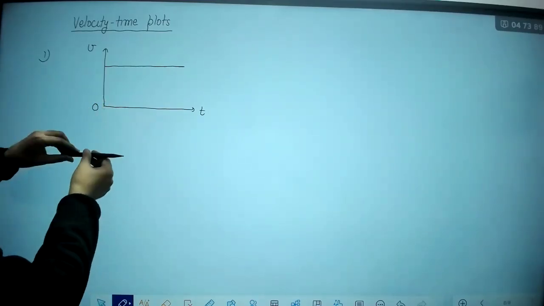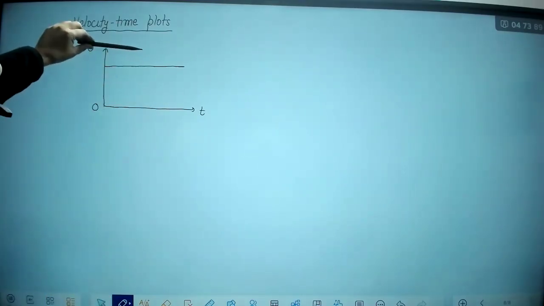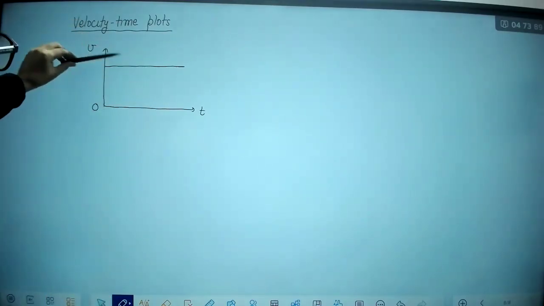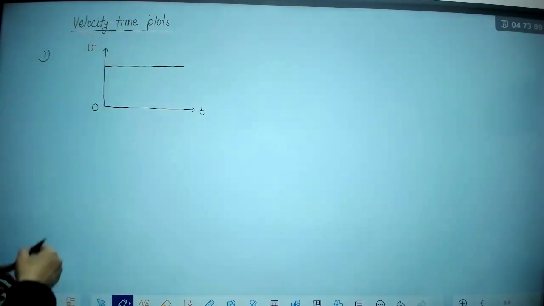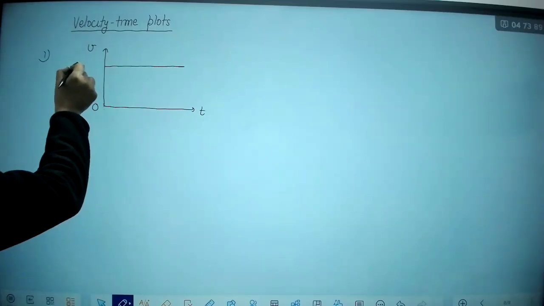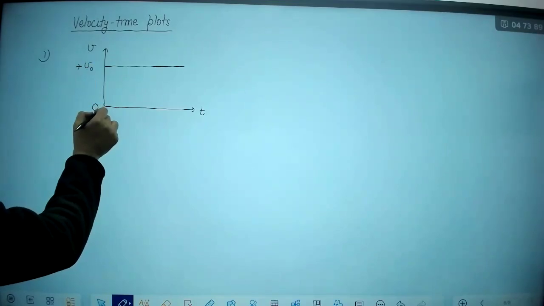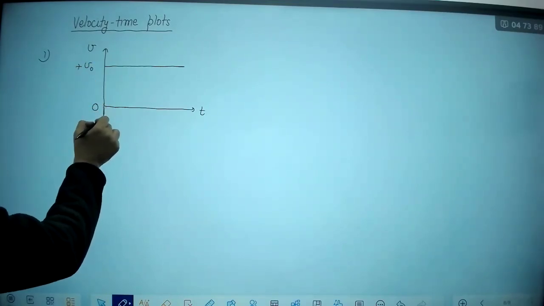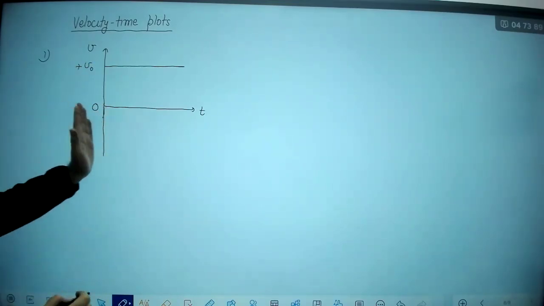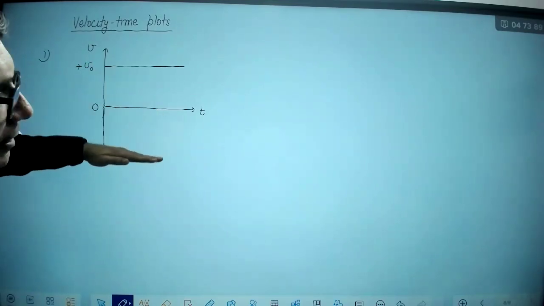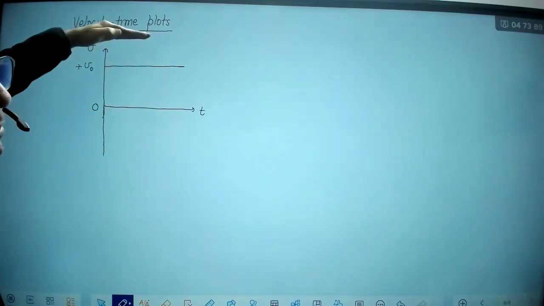All the velocities above this horizontal line are positive. So what is this horizontal line? Actually, this is representing some velocity like plus V naught. Whatever velocities are below this line will be negative velocities. Negative velocities will be here, positive velocities will be here.